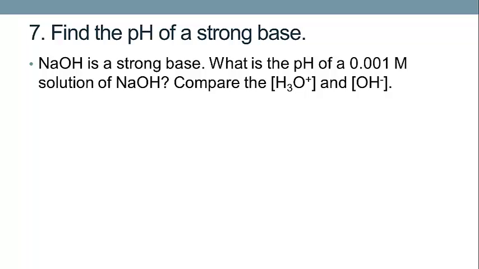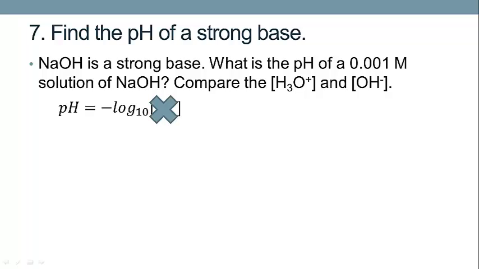NaOH is a strong base. What is the pH of a 0.001 molar solution of NaOH? Compare the hydronium ion concentration and the hydroxide ion concentration. First we need to know our equation. pH is the negative log base 10 of the H plus ion concentration. The problem is we don't have H plus ion concentration.